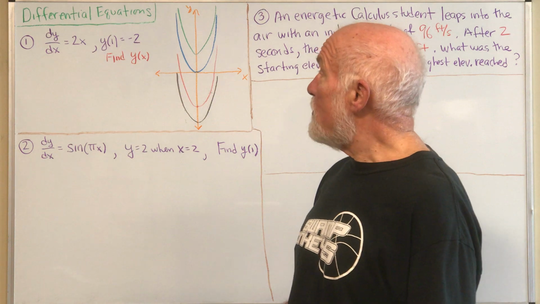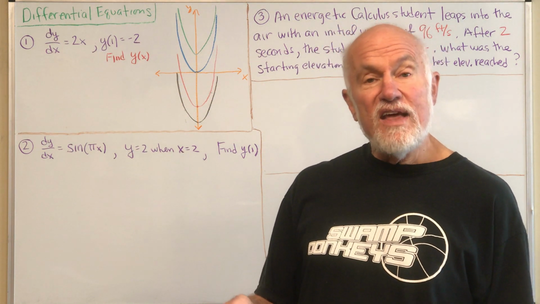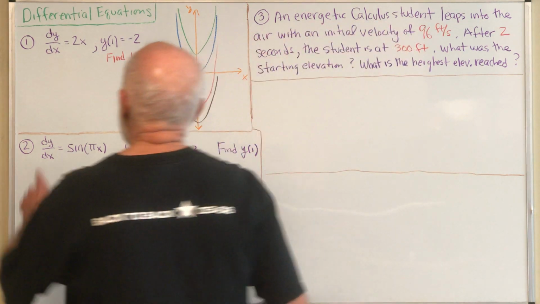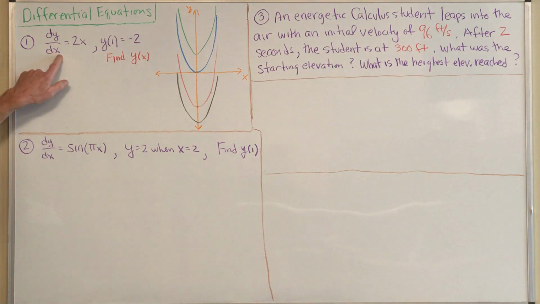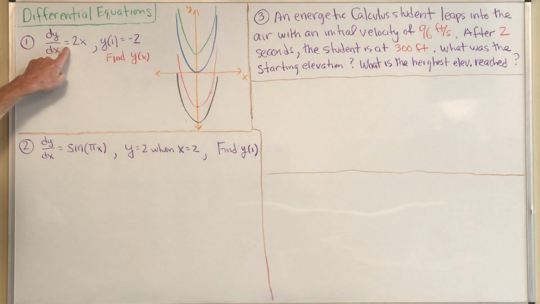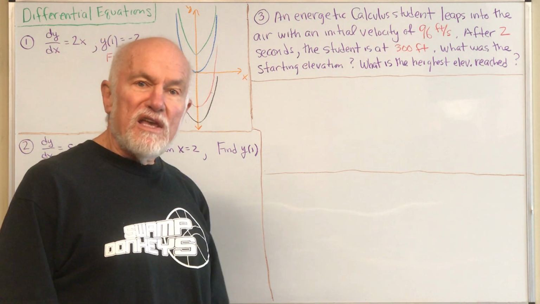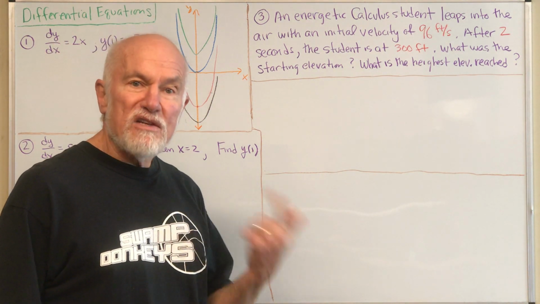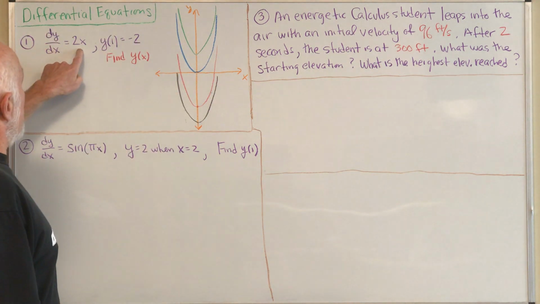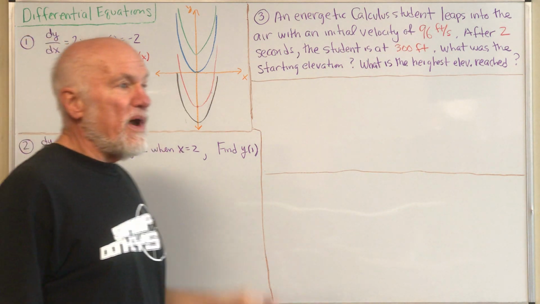A differential equation is basically as it sounds. It's an equation that has a derivative in it. So, here is a differential equation. There's the derivative, dy/dx equals 2x. So we know the derivative of the function we're looking for is 2x. We talked about this in the last video. What is the antiderivative of the function 2x?